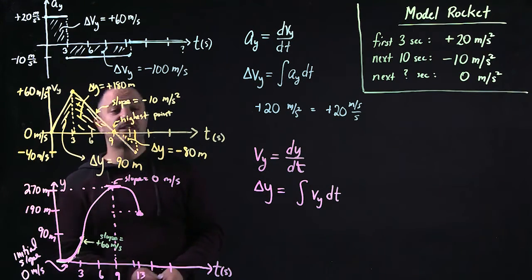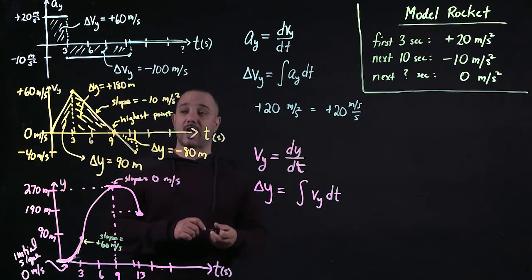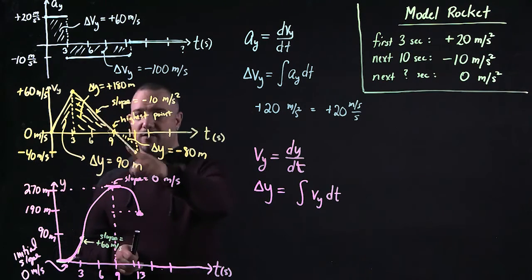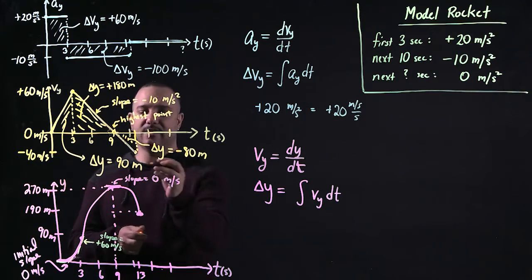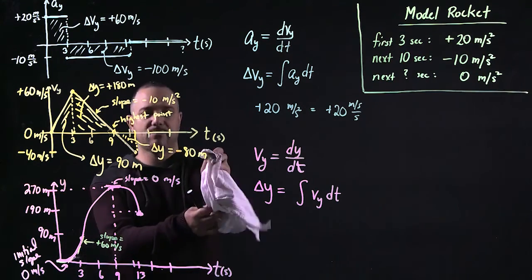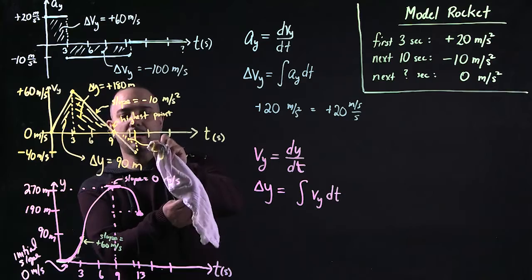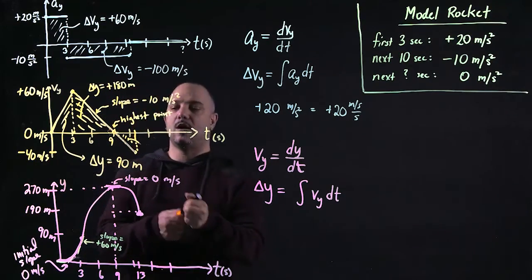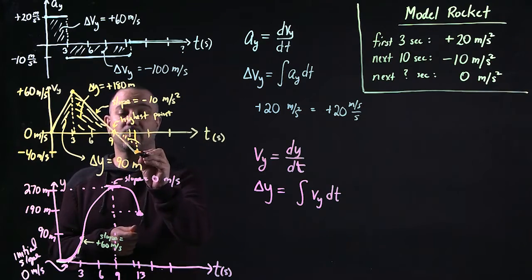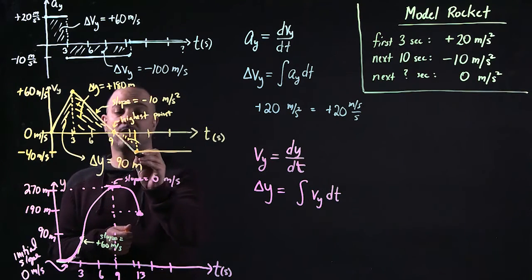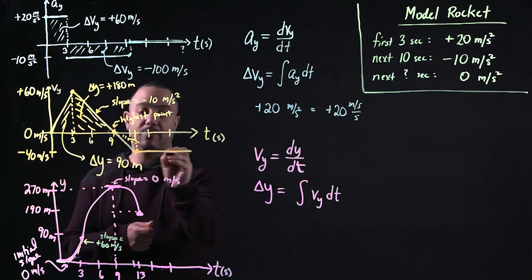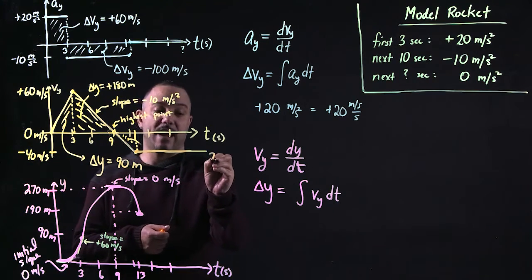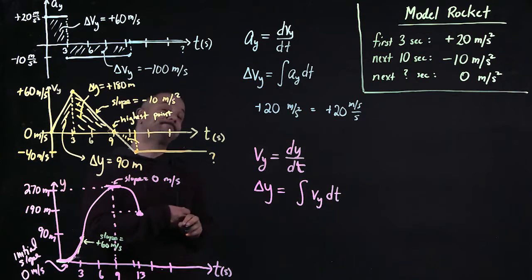If your acceleration is 0, that means your velocity is not changing in time. So we come over to our velocity graph, and for the rest, I'm going to have to erase this right here. Our velocity is going to be a horizontal, flat, constant value stuck at negative 40 meters per second for the rest of the way out to some time we don't know yet.